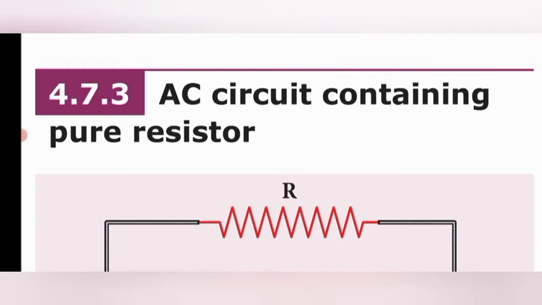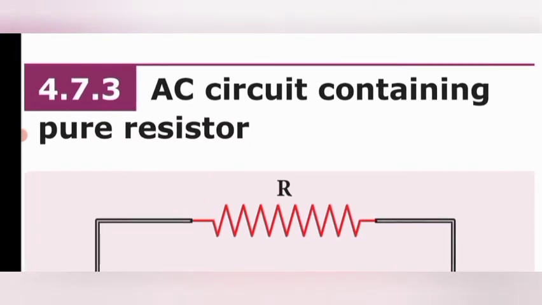What happens when voltage is given to the pure resistor, and how the current is formed, we are going to find out now. First, the resistor. The zigzag symbol is the resistor symbol. A resistor can resist the current, or in other words, it reduces the current value.